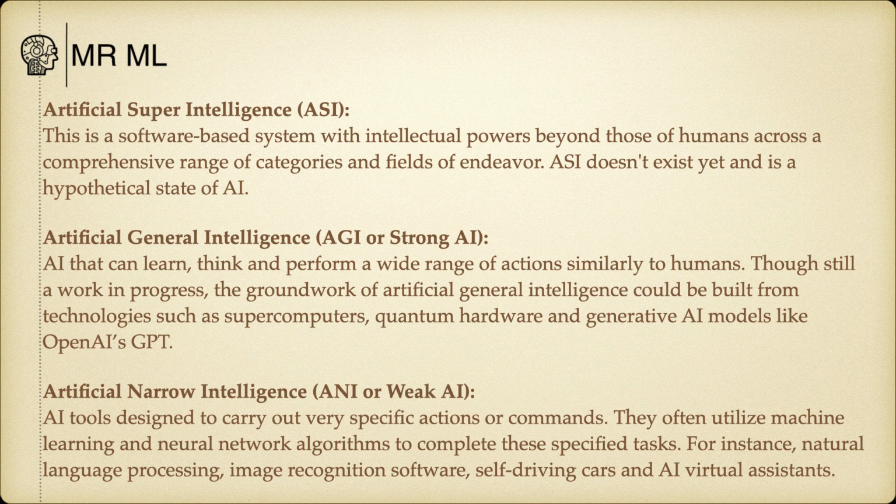When we have the, let's say, the fusion of supercomputers, quantum computers, and all the generative AI technologies like OpenAI's GPT and other large language models, we might see some advances in general artificial intelligence.